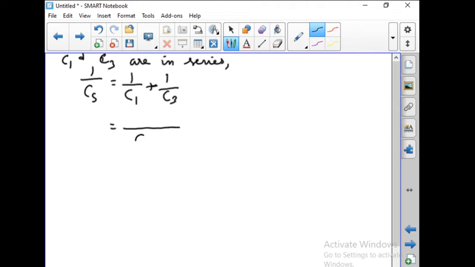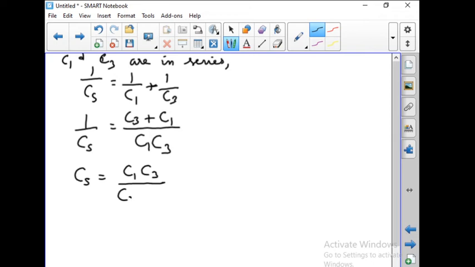So we can take C1 C3 as common denominator: C3 plus C1 over C1 C3. This is the value of 1 by Cs. Therefore, Cs is equal to C1 C3 by C3 plus C1.